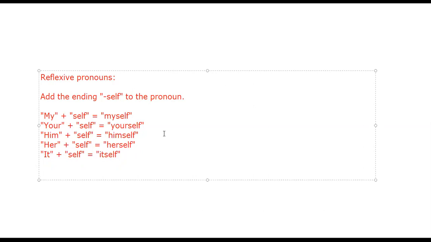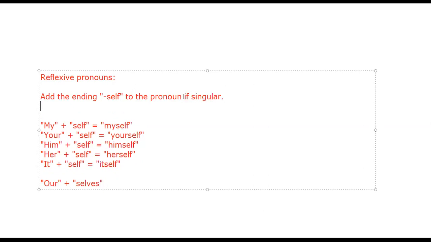But what about the plural ones? With the plural ones, you actually add the word selves. So if singular, you add the ending self to the pronoun.